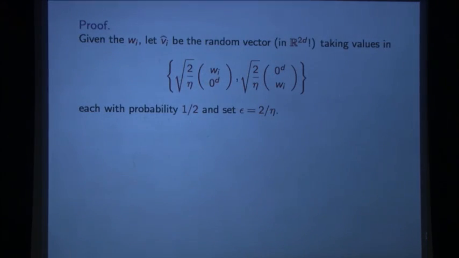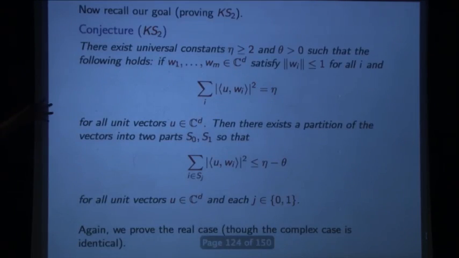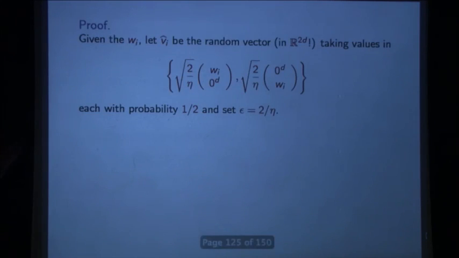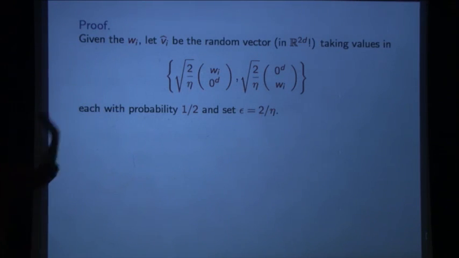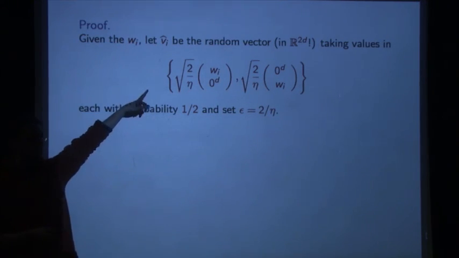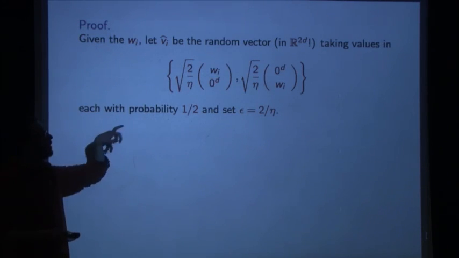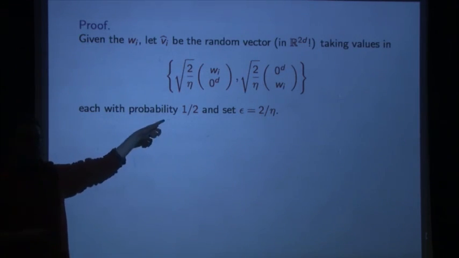Okay, so here's the proof. I'm given these wi's, and I'm going to form random vectors. So here's where my notation goes astray. I promised that everything was going to be in dimension d. These are going to be in R^2d. And my random vector is going to take one of two values. It's either going to be wi with zeros under it, or it's going to be zeros with wi under it.